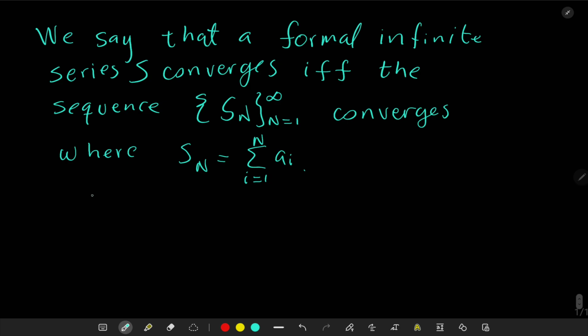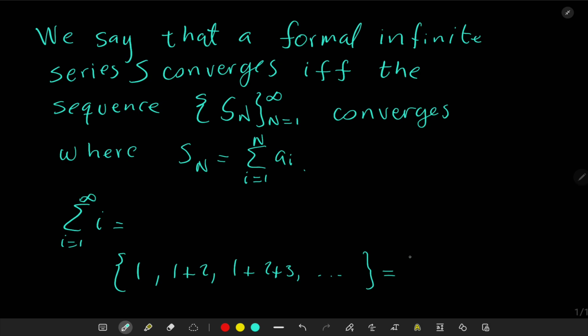For example, for our silly example, the sum from i equals 1 to infinity of i, what would we need for this to converge? Well, we would need the sequence of the partial sums, 1, 1 plus 2, 1 plus 2 plus 3, all the way out to infinity, to converge.